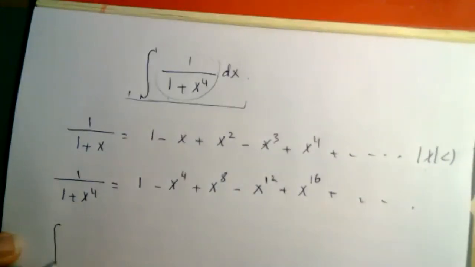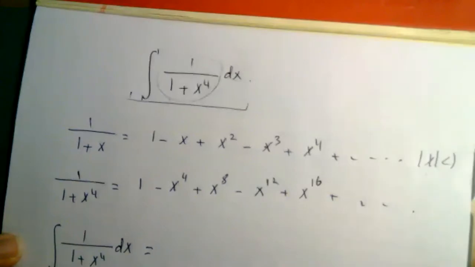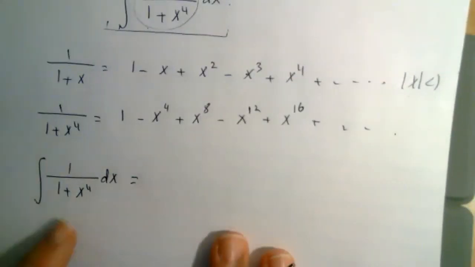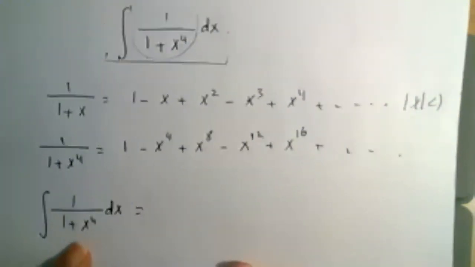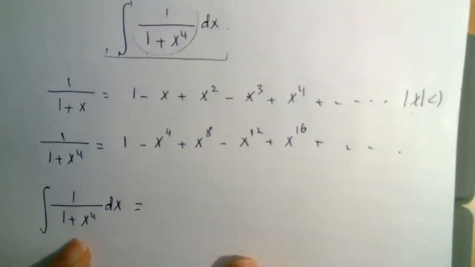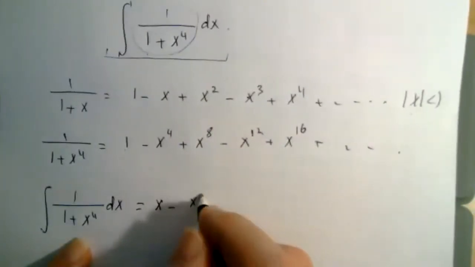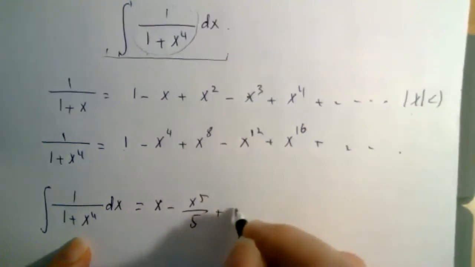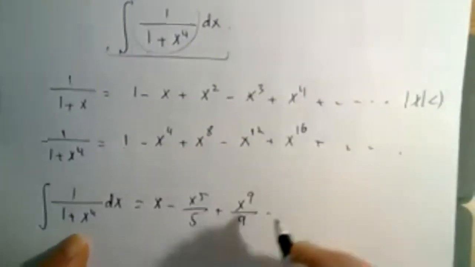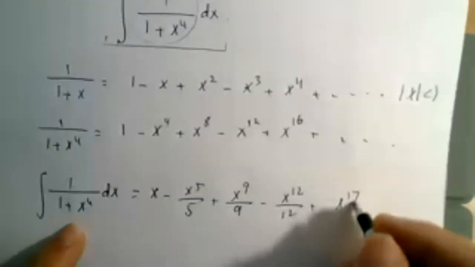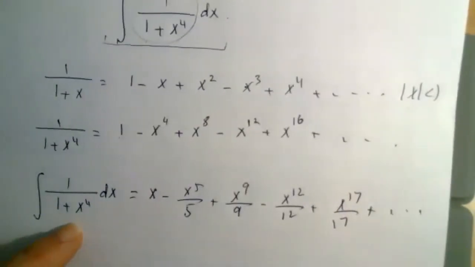And then what's the antiderivative? The antiderivative will be obtained by, actually, a power series. There is no other way to find the antiderivative of this function that's seemingly innocent. So the only way we can find the antiderivative is actually that: x^9 over 9, x^13 over 13 plus x^17 over 17.